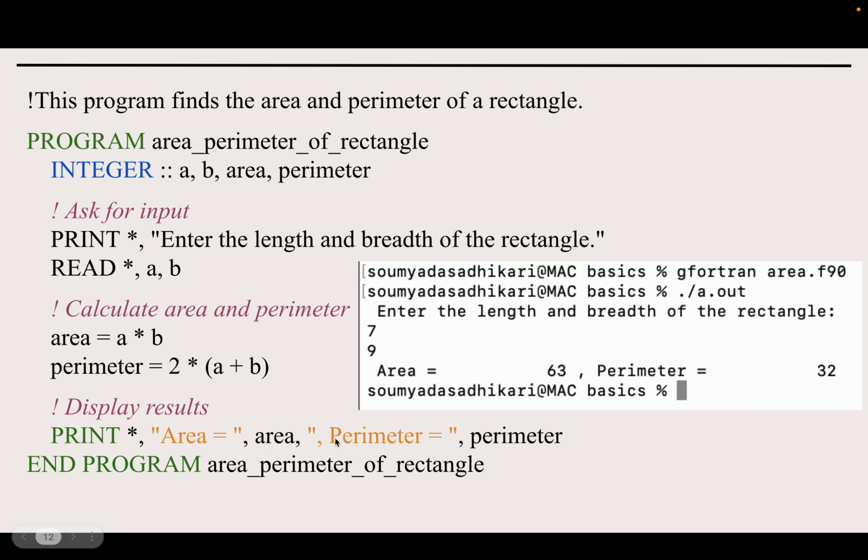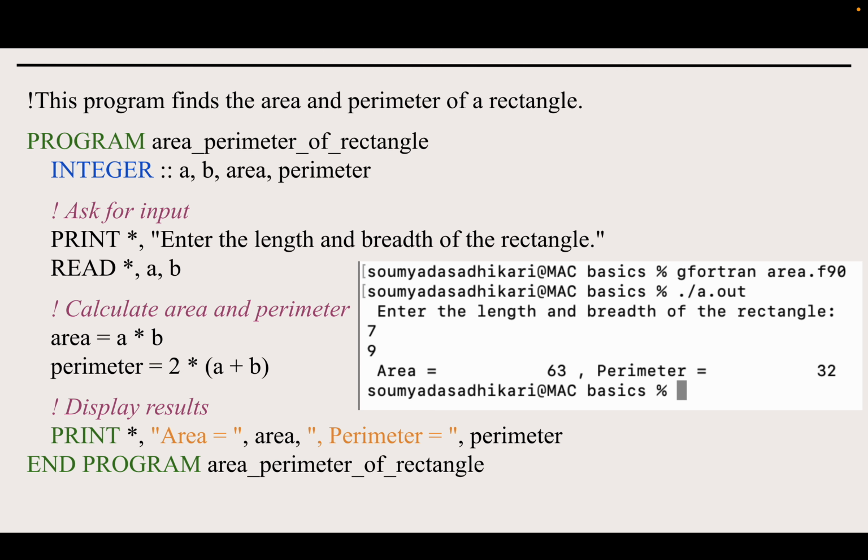When I executed this code, I gave A and B as 7 and 9, and I got the area as 63 and perimeter as 32. This way we can generalize our code, so that it is reliable for everyone to use.